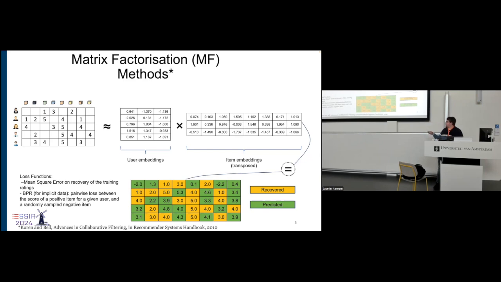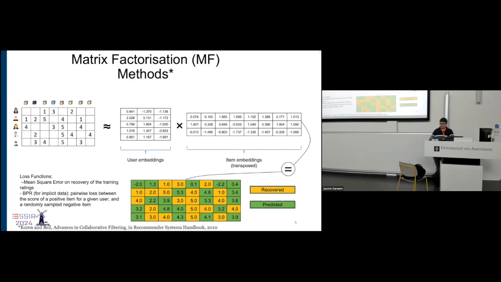But quite popular ones are classic optimization methods, such as gradient descent, and so forth. And there are different loss functions. A very classic one is mean squared error. We try to find this decomposition of the matrix so that the mean squared error on known ratings is minimized. So nothing new here. That was in the previous lecture.